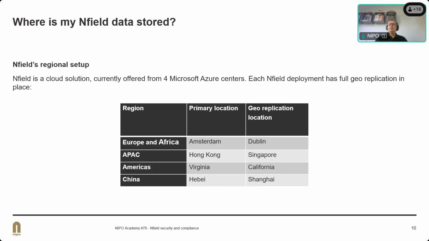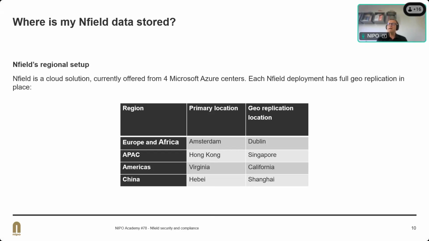Showing the answer here, as said, Nfield as a cloud solution is offered from 4 Microsoft Azure centers in Europe and Africa, Asia Pacific, the Americas, and there is a specific one for China. This has to do with the Great Firewall that is used in China.